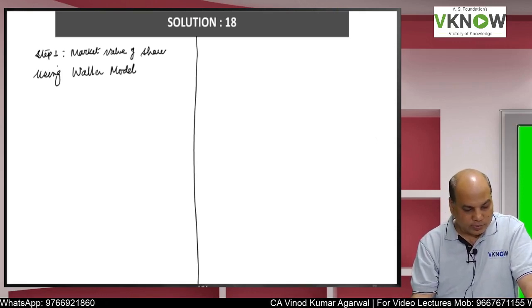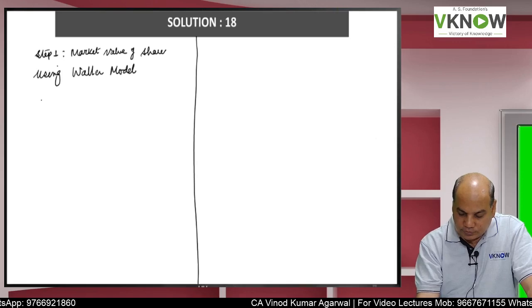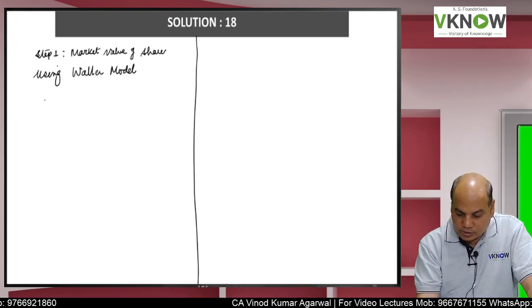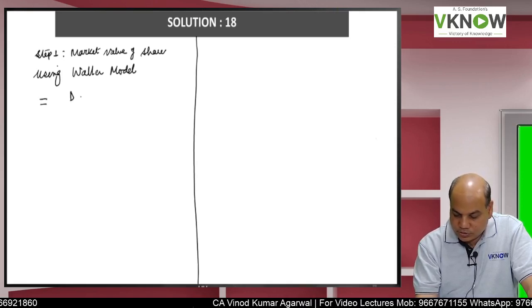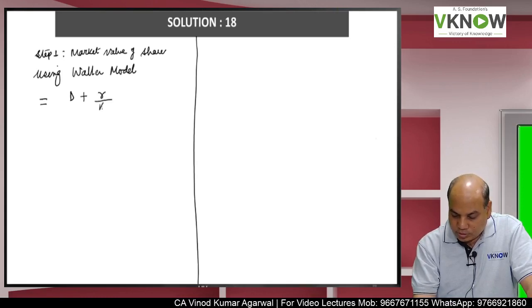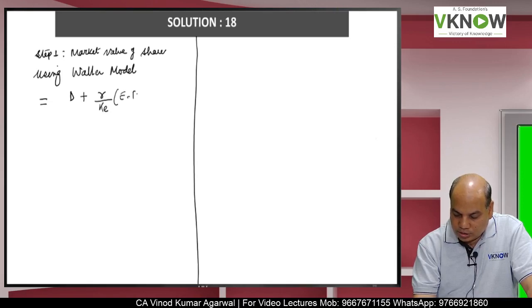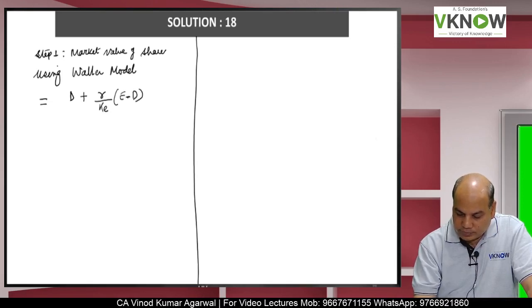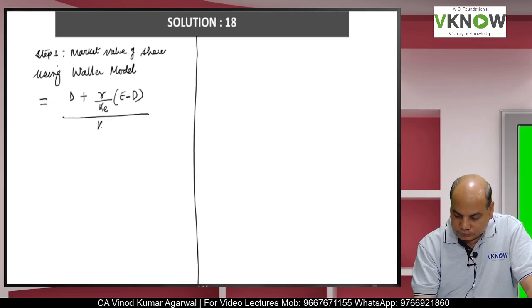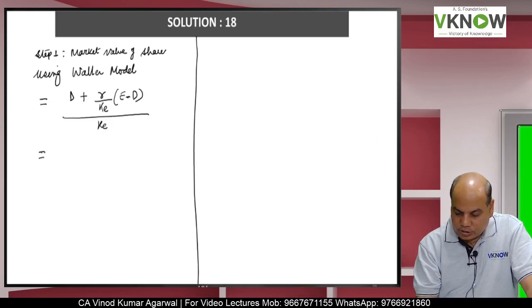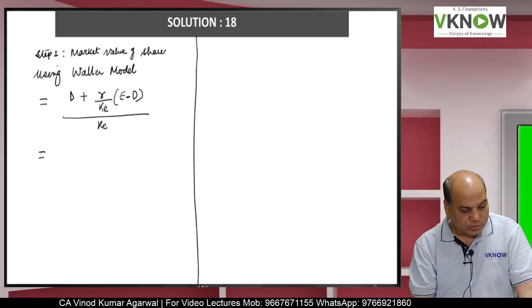Exam question for 5 marks. It is a bonus mark. So here the answer is equal to, first time when you are solving, write the formula D plus R by K into bracket E minus D upon K. Then put the numbers given in the question.